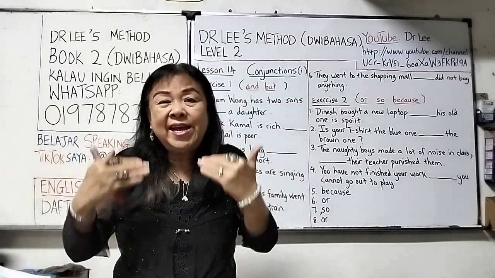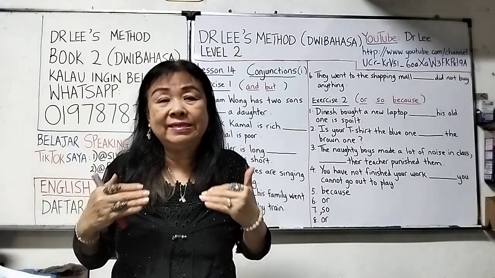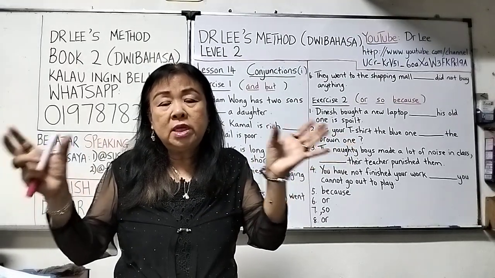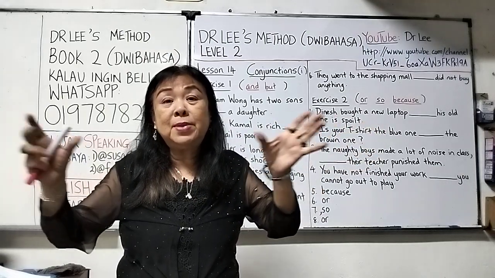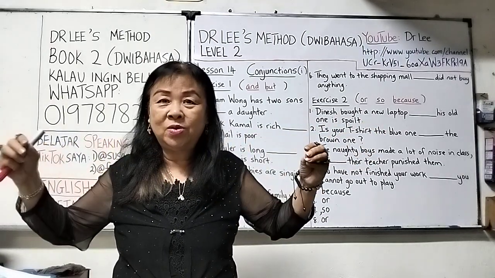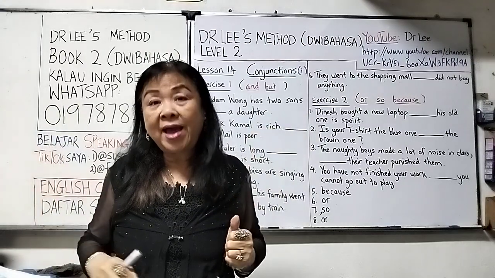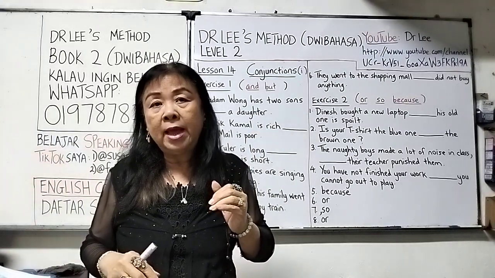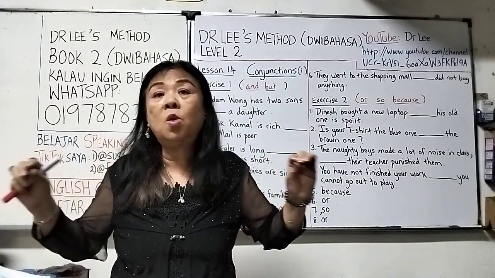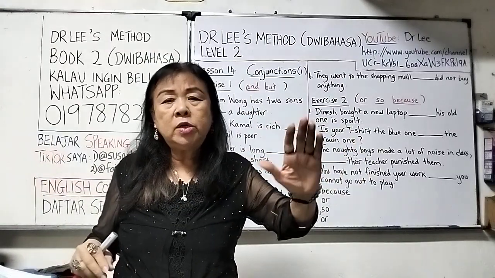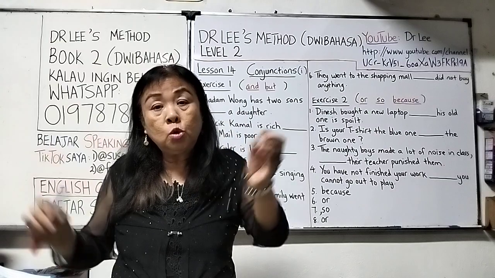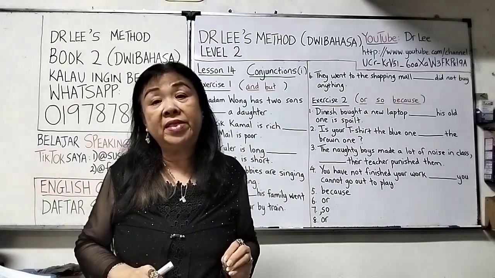But in order to create a complex sentence, we use a conjunction. So the two sentences become one. So it's rather long. So you can see the level is quite high if you use a conjunction, because you see that the sentence is long. Rather than two short sentences, you can actually use a conjunction to combine the two sentences together.